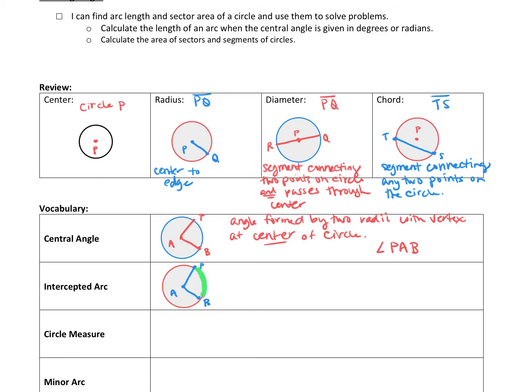If we put that into words, it's the part of a circle that lies between two segments. In this example, those two segments are the radii that intersect the circle.